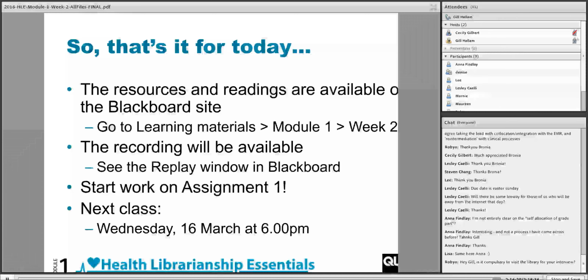Robin has asked, is it compulsory to visit the library for your interview? No, obviously we're running an online course. So no, there's plenty of ways that you could negotiate with the person that you'd like to interview. There's obviously 2 sides to it. If you're not familiar with health libraries, it might be quite interesting to do a physical visit. But equally well, no, phone, Skype, or whatever platform that you might have access to, that's also good.